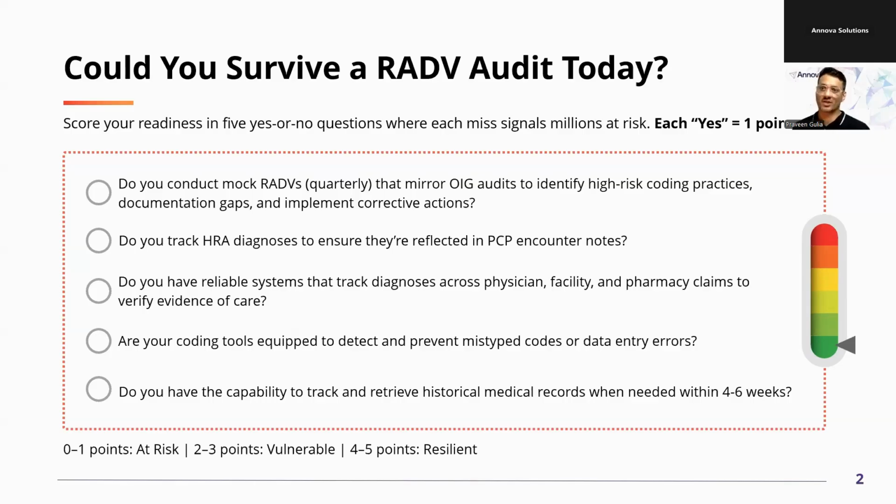These might require manual retrieval, which means you might have to send someone to the facilities. Do you have that capability? Do you have the flexibility to retrieve records from the sites?